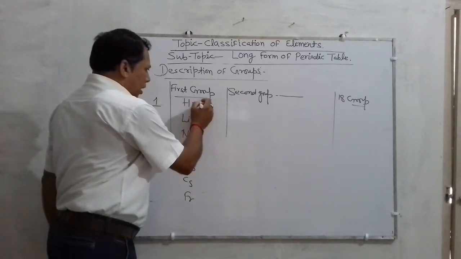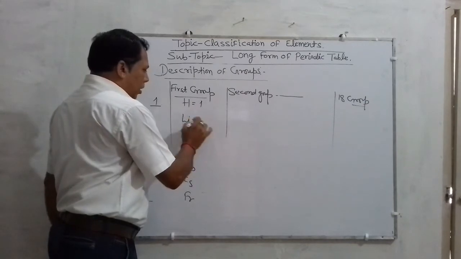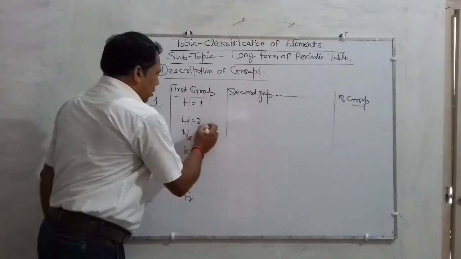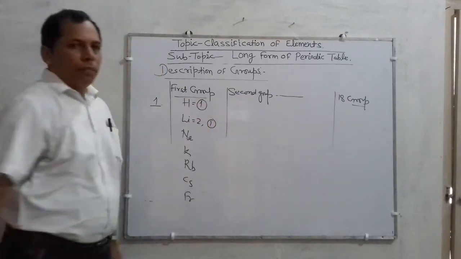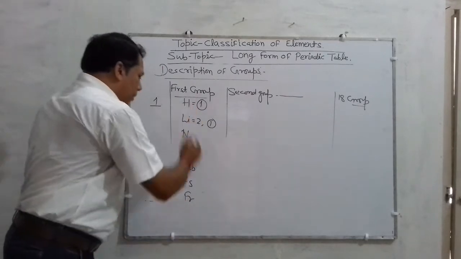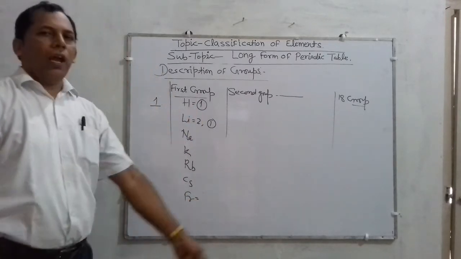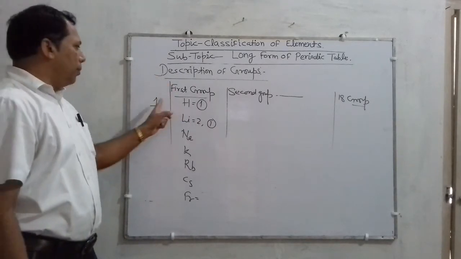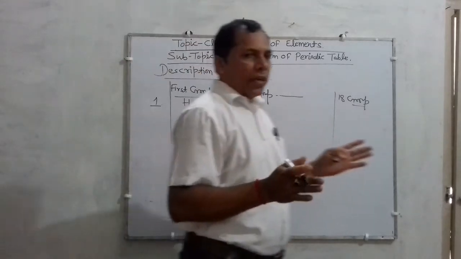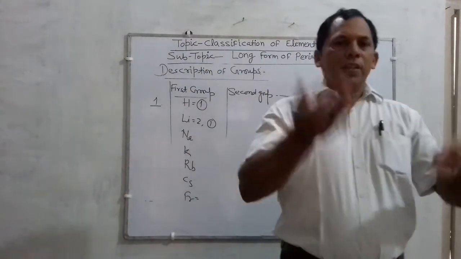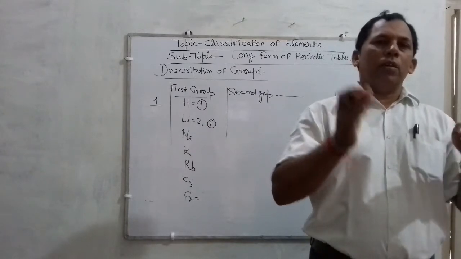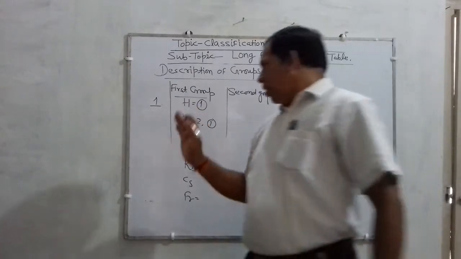In each of the elements of this group, the number of valence electrons is the same, not only in the upper ones. This is the meaning behind the first point. The elements present in the group possess the same electronic configuration, meaning the number of valence electrons is similar.